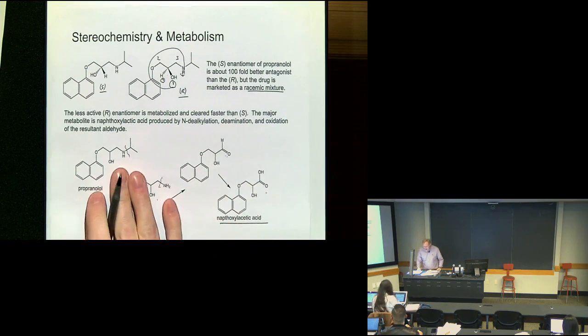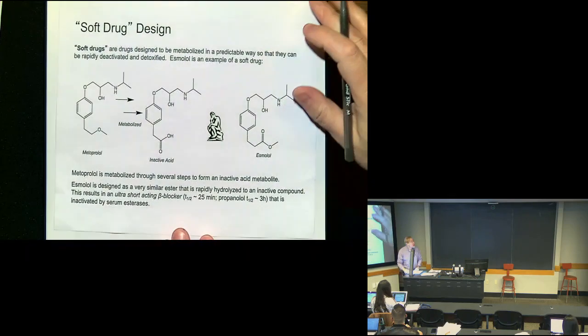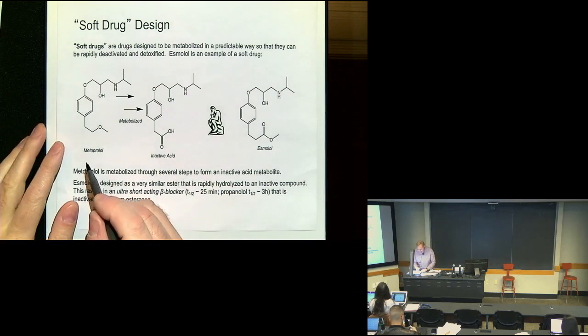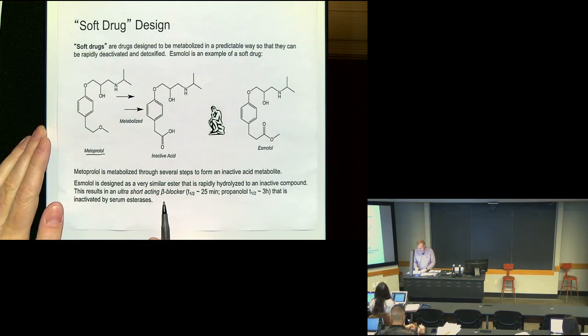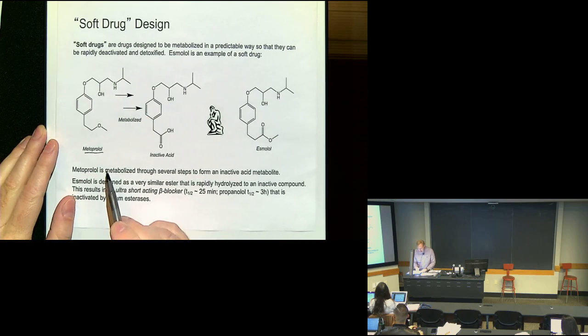Now there's something kind of interesting about this class of drug that talks about a larger design concept in medchem. So I think it's kind of neat. It's called soft drugs. So the way this story came about is this metoprolol. You can see here the ring, this amine that can protonate.